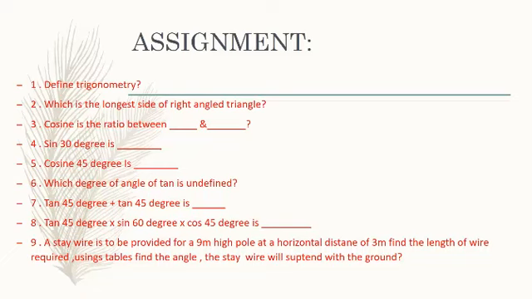You should fix a guy wire 3 meter away from the base of the pole. By doing so, you should construct a right angle triangle and then you have to calculate the required side. Required side is hypotenuse side, and while doing so an angle is formed between ground and the wire. That angle also you have to calculate, right?